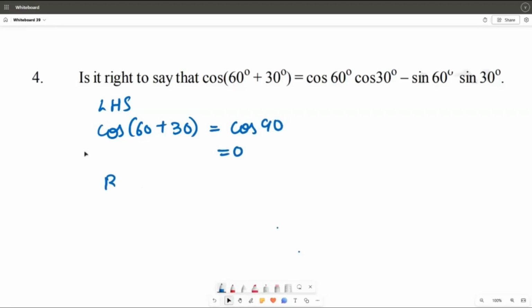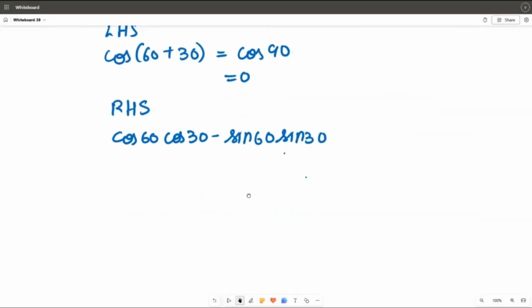And if we see the right hand side of the equation, we have cos 60 into cos 30 minus sin 60 into sin 30. Cos 60 is equal to 1 by 2, and cos 30 is equal to root 3 by 2, and minus sin 60, which is root 3 by 2, into sin 30, which is 1 by 2.